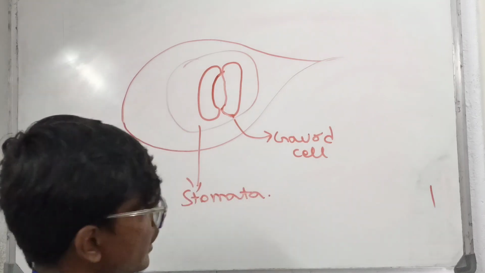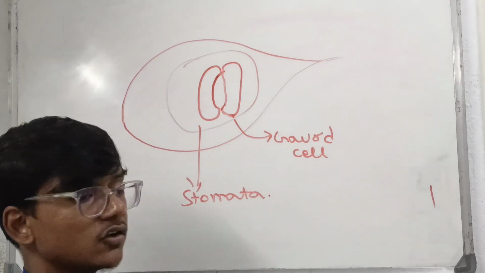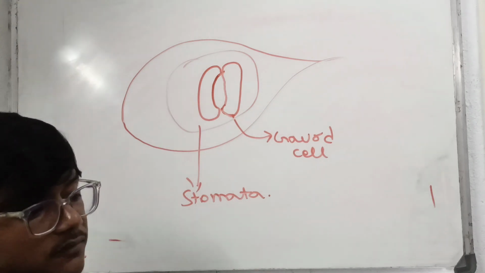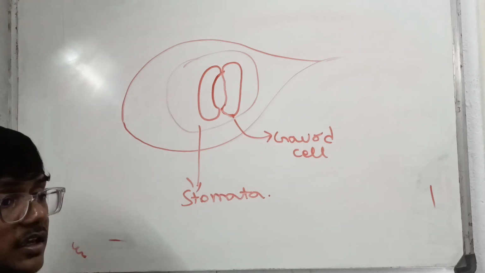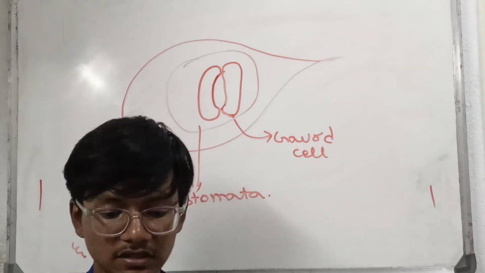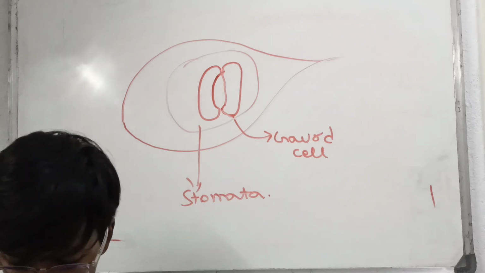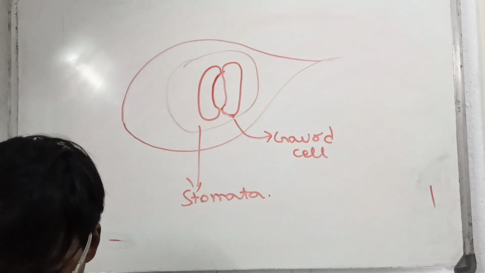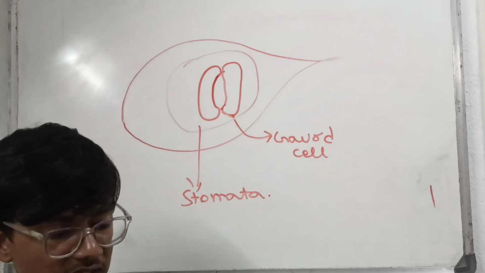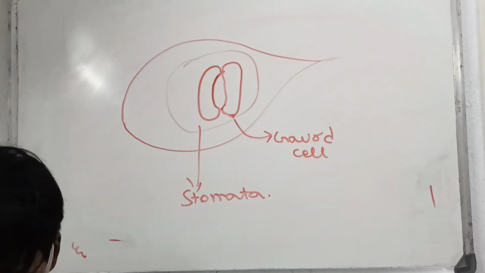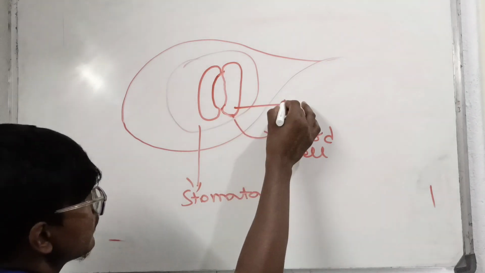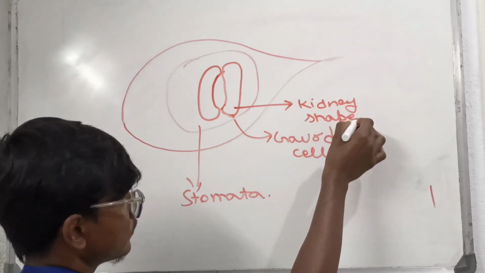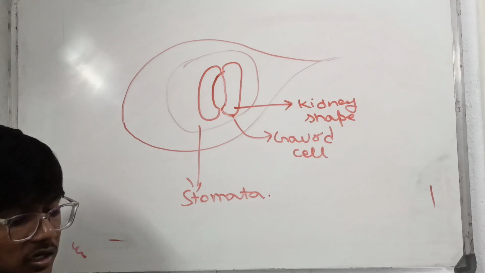Stomata are the opening pores of the leaf; on the leaf, if you look, some pores are present. That pore is the stomata. What is the function of the stomata? The stomata help in the exchange of gases, like oxygen and carbon dioxide. The epidermis has small holes on the leaf, and that is the stomata. Stomata are closed by kidney-shaped guard cells. The shape of this guard cell, you can see, is kidney shape. Okay, so this is the stomata.